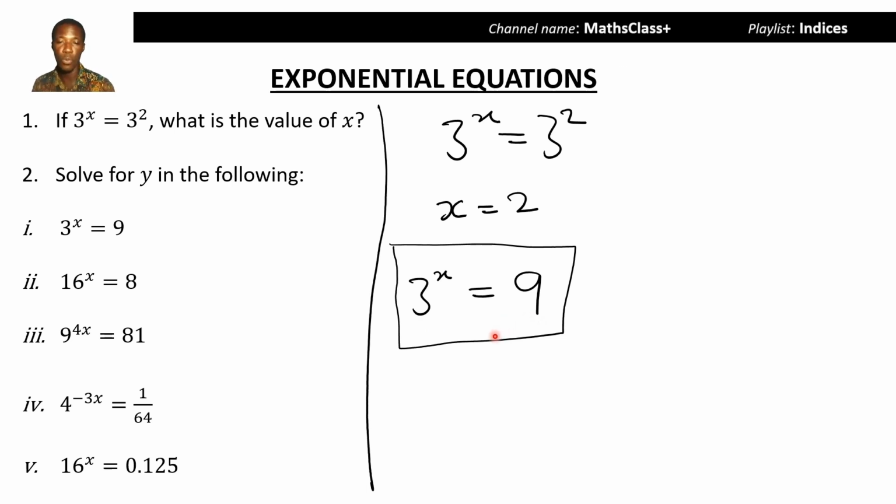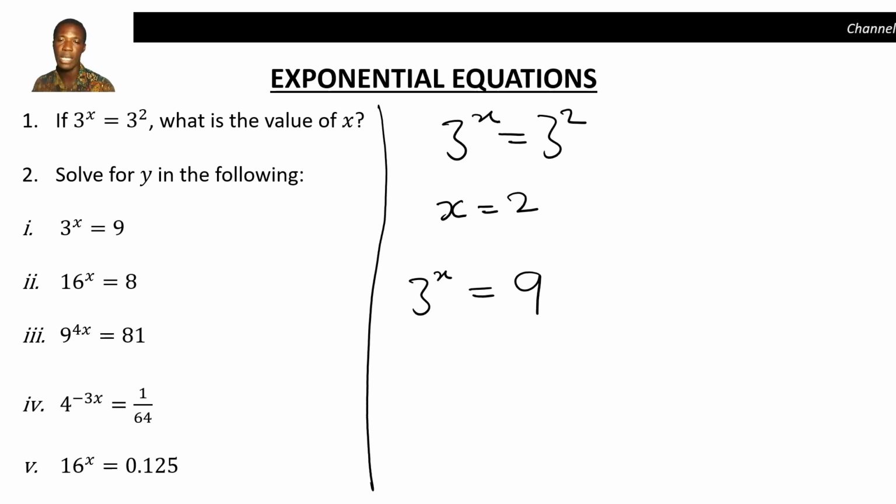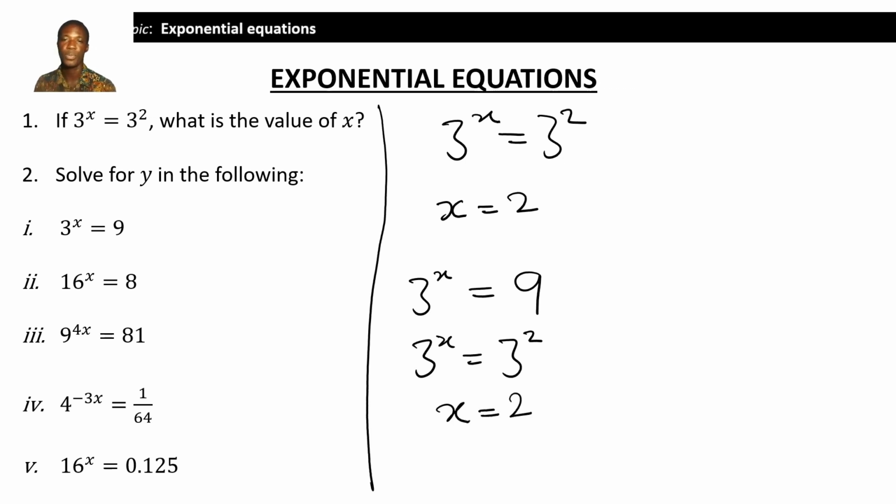If so, then we can equate their exponents to get the value of x. So let's see. 9 is the same as 3 times 3, which means 3 multiplying itself twice. So 3 to the power x is equal to 3 to the power 2. And so our x here is equal to 2.